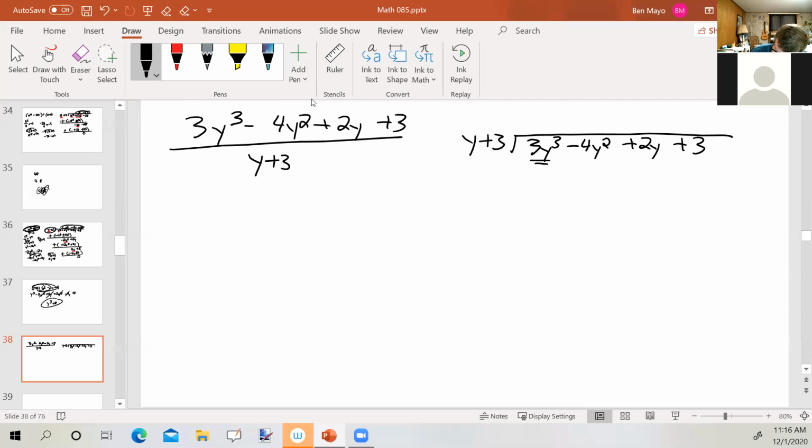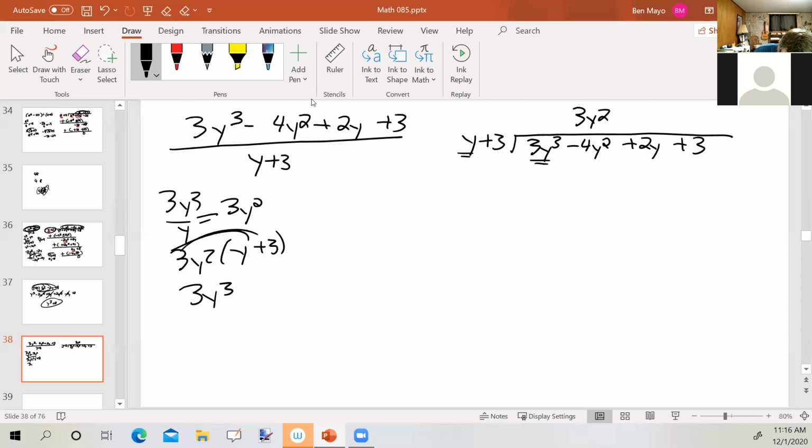3y cubed divided by y is 3y squared. So then we take 3y squared times y plus 3, which is 3y cubed plus 9y squared. We subtract that from what's up above, change it to addition of the opposite. 3y cubed plus negative 3y cubed is no y cubed.